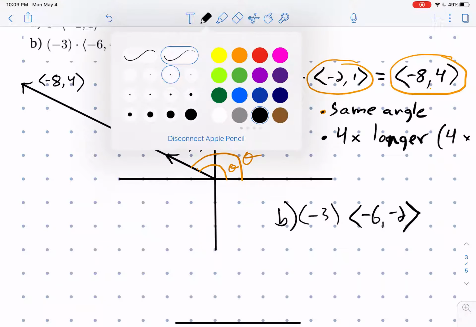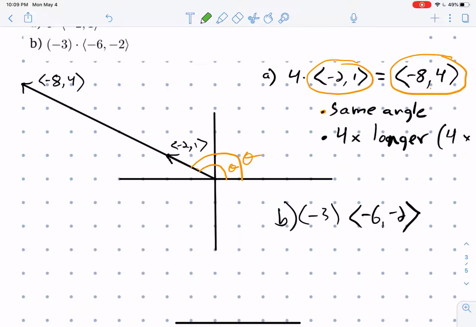And that one, we'll put it in green. We go down minus 1, 2, 3, 4, 5, 6, and then down 1, 2 here. So this vector looks something like this. This is our vector, negative 6, negative 2.